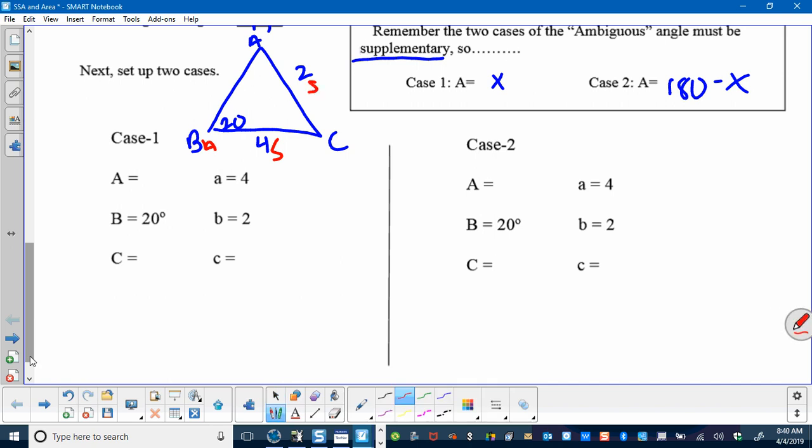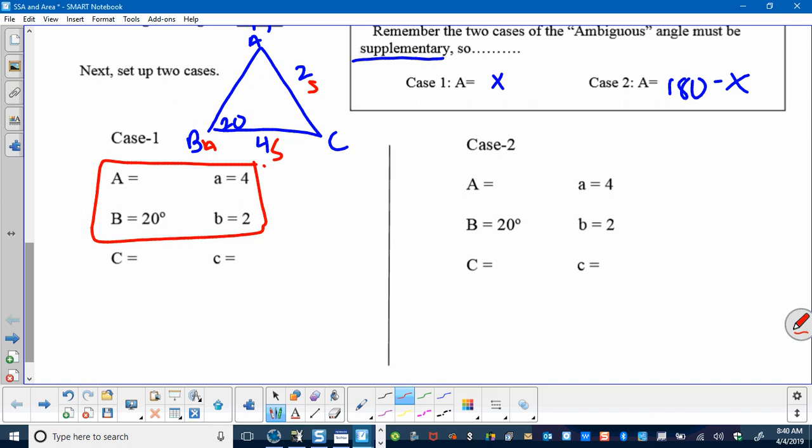You need 2 cases. So case 1, you write everybody out. And case 1, we're going to use law of sines. It's amazing. It's my favorite. First, we need to figure out what is the ambiguous angle. What angle should I find first? Well, guys, look right here. If we're going to use law of sines, we need matching pairs.